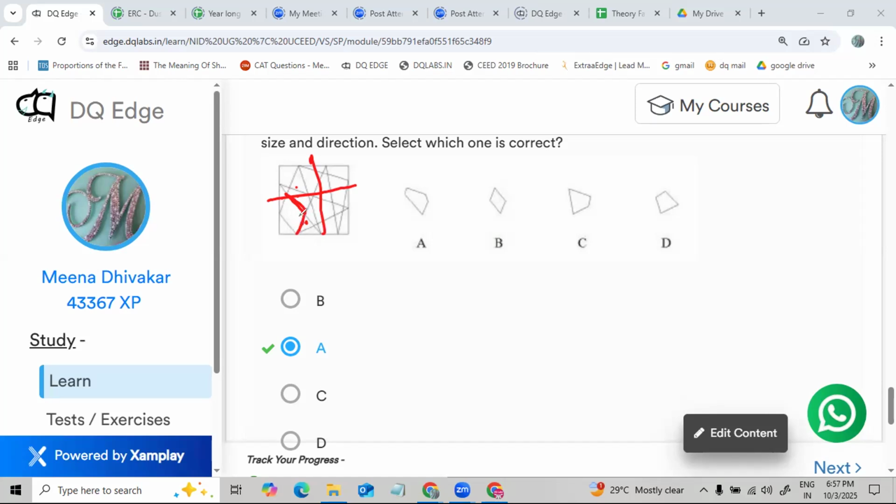This part? No, the one next. Oh, this part you're talking about. Yes, that one. But is it in the same direction? Right, it should be in the same direction. Got it. That is not the correct word. I was searching for the same direction.